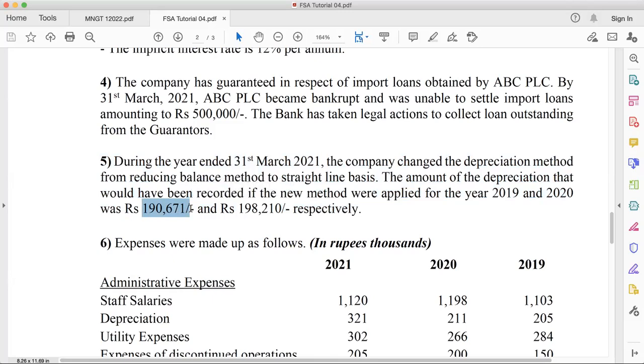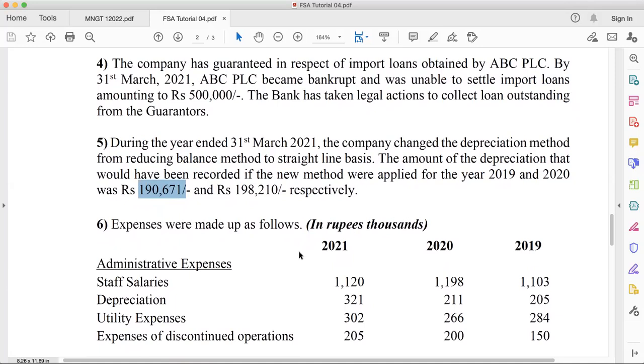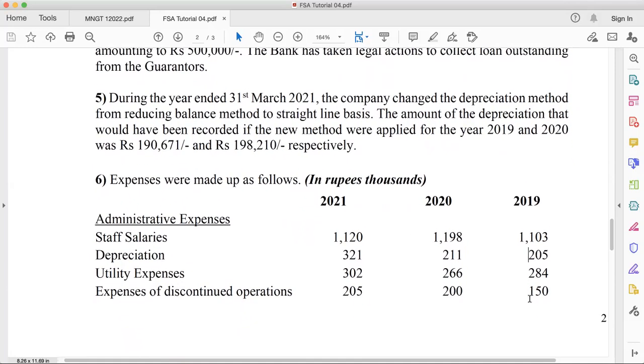But how much did the company charge? You see under administrative expenses, 205. The company charged 205.